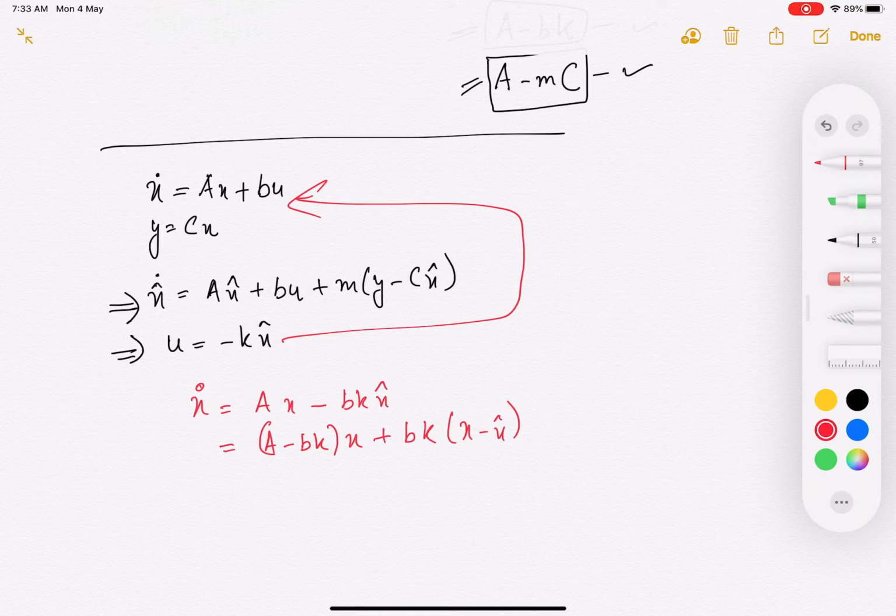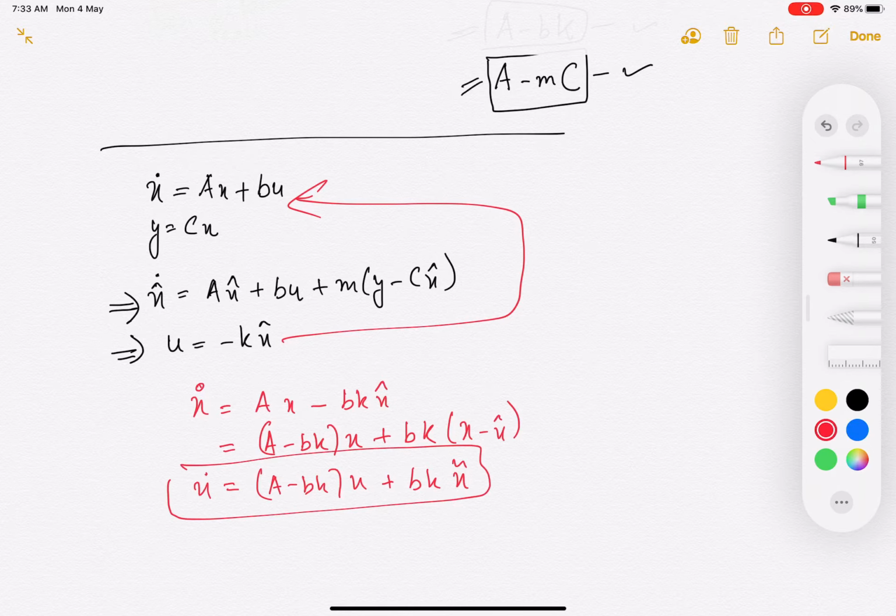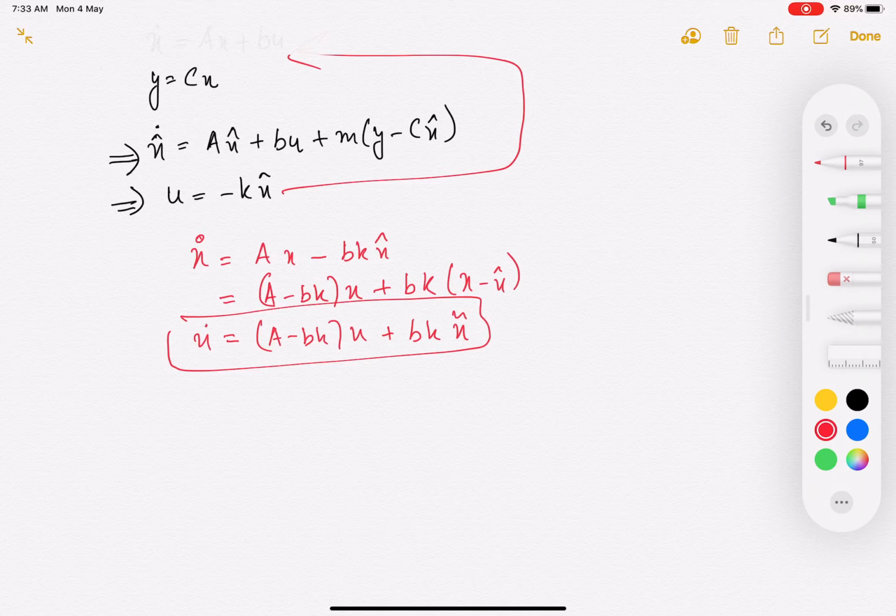So you'll get (A minus BK)x plus BK(x minus x hat), and this you can write as (A minus BK)x plus BK x tilde. You already know that this is x tilde. So this is one equation, and the other equation that you already have for x tilde is x tilde dot is equal to (A minus MC) x tilde.